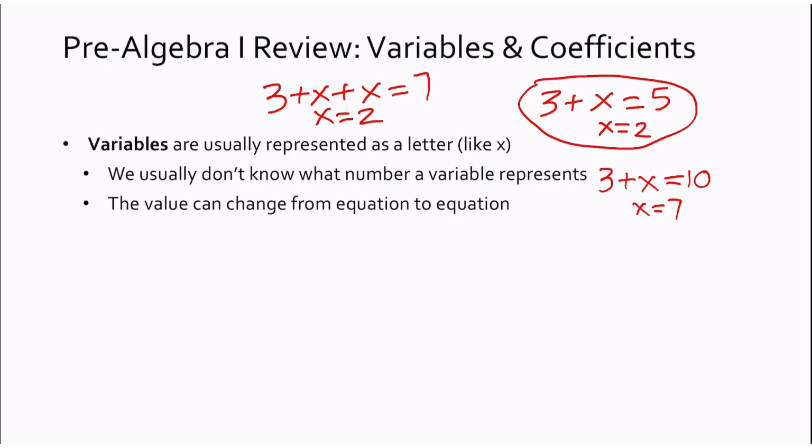It is not possible in the same equation for the same variable to equal two different things. So if I have two x's in this equation, those two x's have to equal the same thing. Whereas if I have two different equations that both happen to have x, they could equal something different.